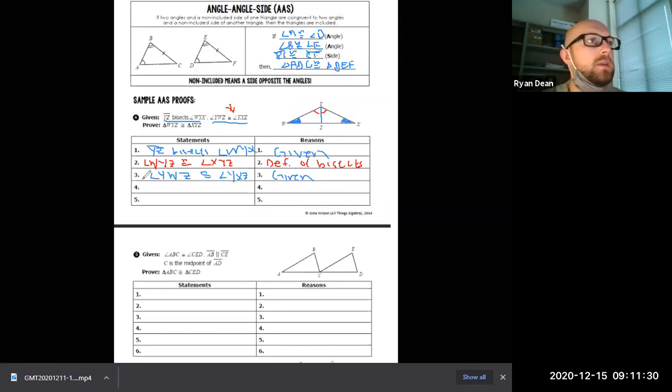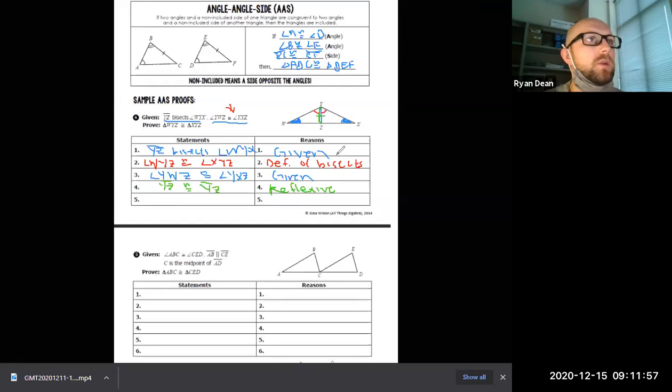And then the last piece, okay, line number 4. Notice that the two triangles share this side. They both share side YZ. So we can say that segment YZ is congruent to itself. And that's the reflexive property.